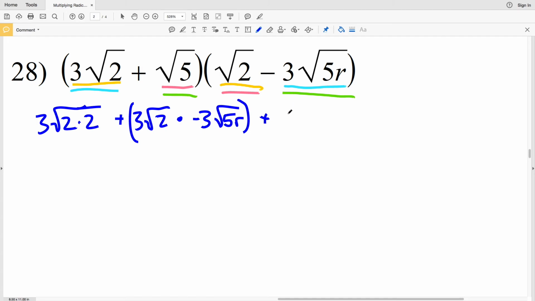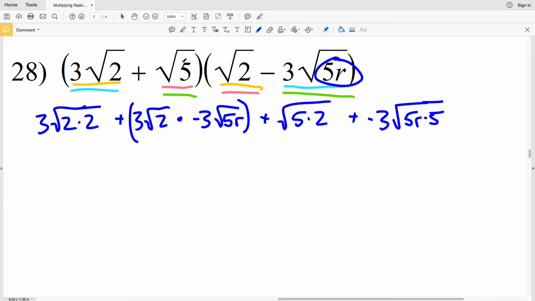And then I'll add the square root of 5 times the square root of 2, which is the square root of 5 times 2. And then I'll add the square root of 5 times negative 3 times the square root of 5r, which is negative 3 times the square root of 5r times 5, because 5r and 5 are within that radical, so they'll be multiplied together under that square root.